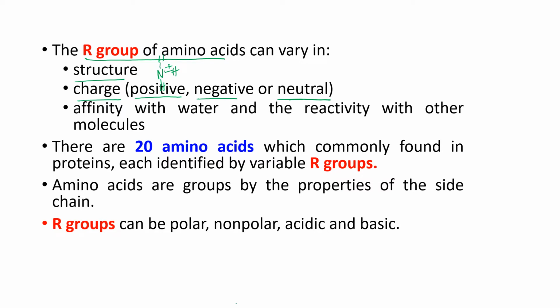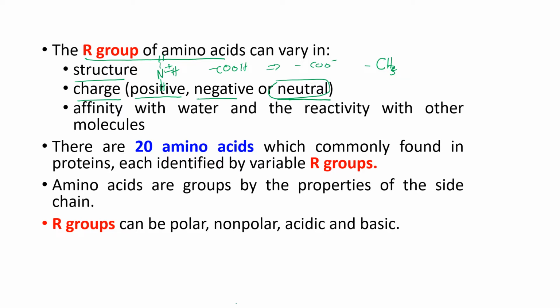Or if the side chain has a carboxyl group, COOH, when the amino acid is in an aqueous solution, this carboxyl group will be ionized to become COO negative. So amino acid can have negative charge, can have positive charge, or if the side chain has a hydrocarbon such as methyl CH3, it will be neutral.